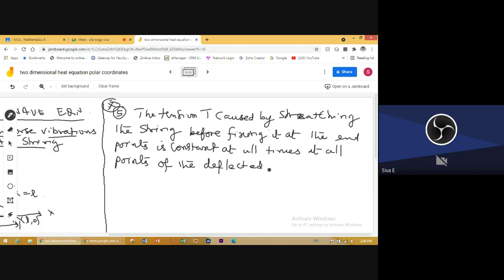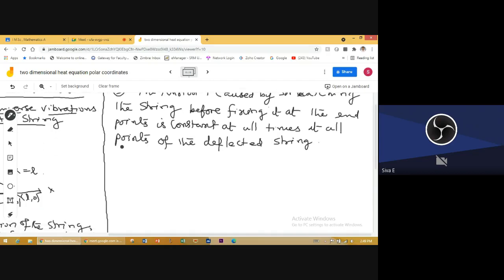What is the meaning of deflected? What is the general meaning of deflected? The tension T is very large. This is also important.